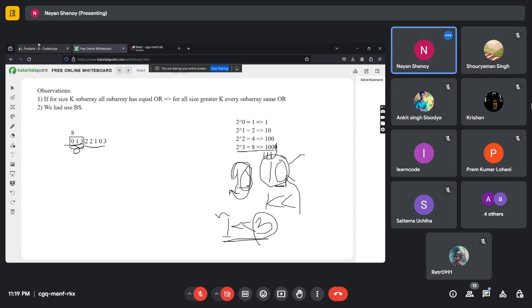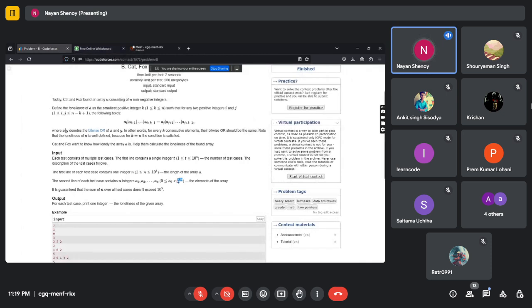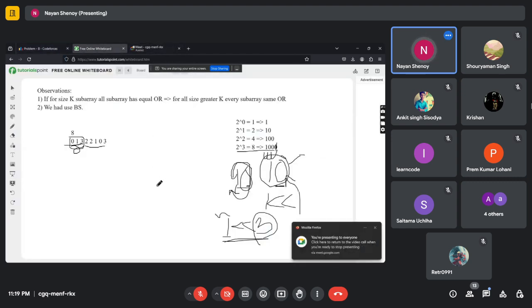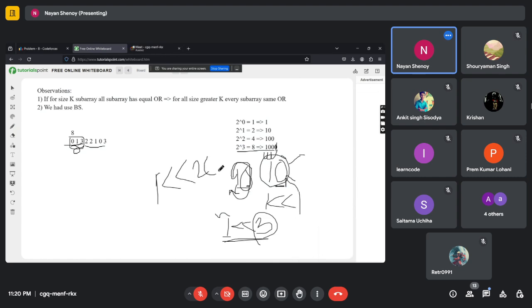In the constraint, it was given that the maximum size of the number that we can have is 2^20. So 2^20 is basically what? 1 left shift 20, correct? So which means max to max our element can have 20 bits, correct?